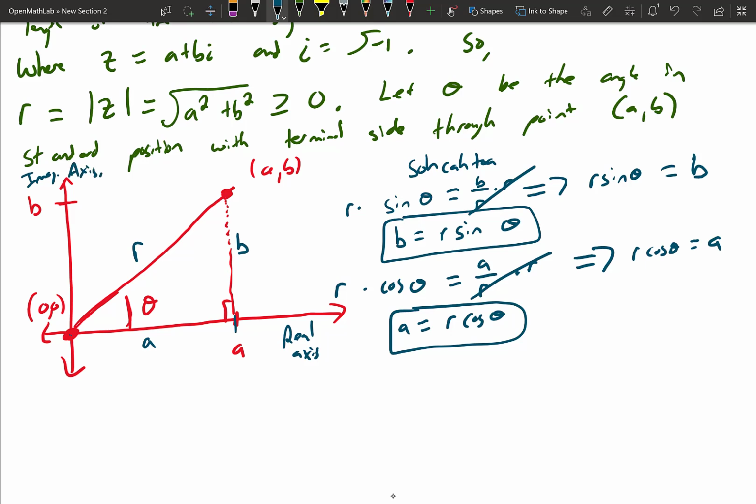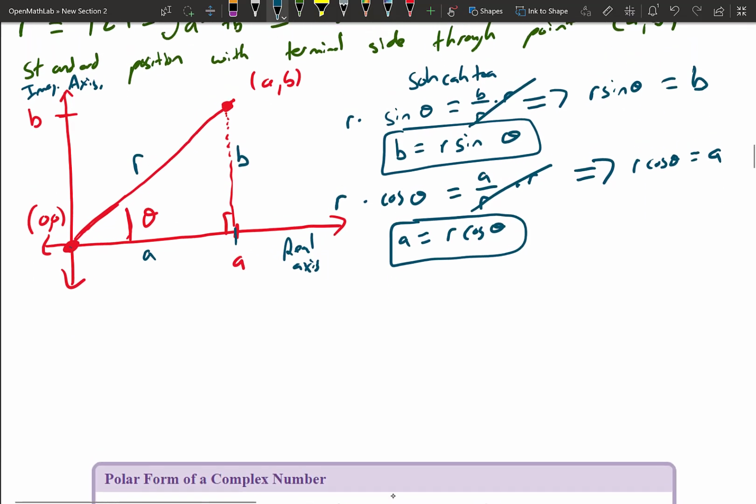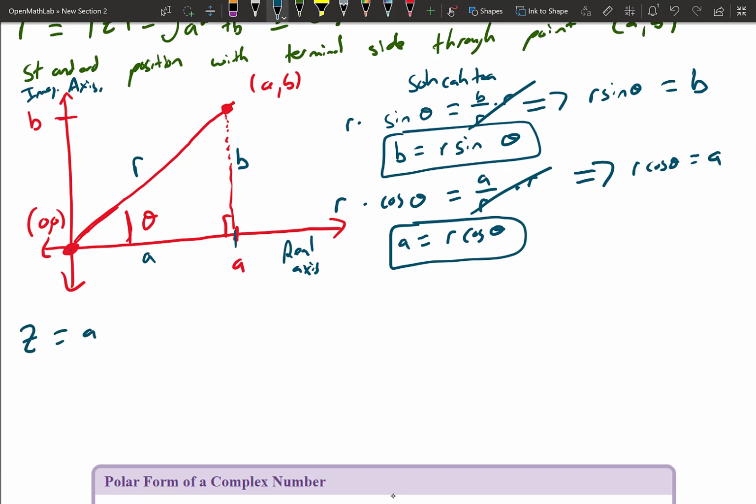Right? So then z is equal to a plus bi, right? But I have some new ways to calculate a and b. So what this would become is r cosine theta plus, just plugging in that value for a, plus r sine of theta, and that's times i, right?